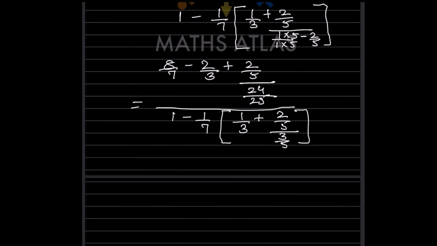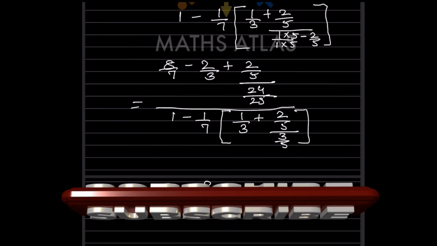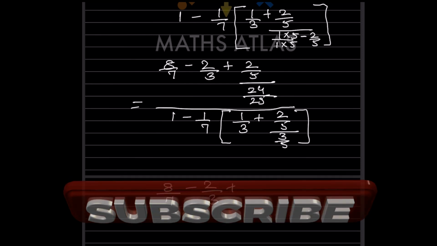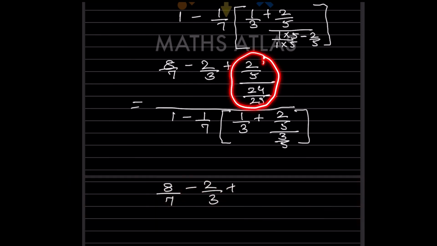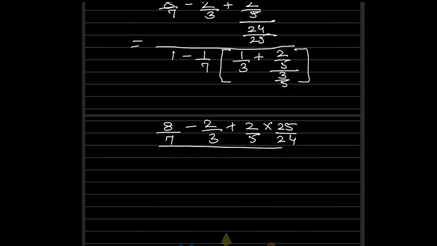So now it's easy. Now look at this part. This is the numerator, this is the denominator, and the denominator should be flipped over. So 2 by 5 into 25 by 24. Again here 1 minus 1 by 7 will be as it is first.